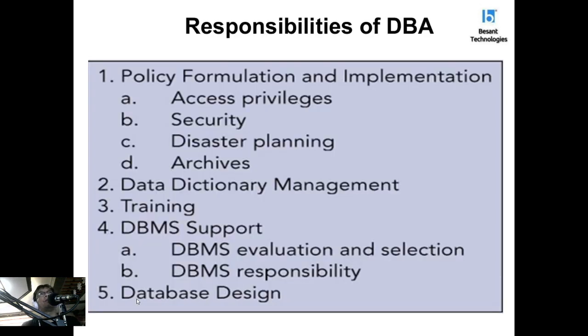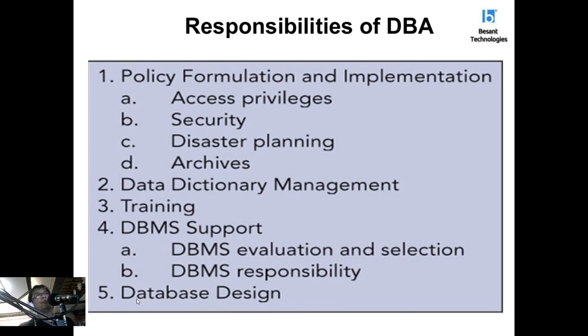Now, these are the responsibilities of a DBA. One is policy formulation and implementation. So usually the policy formulation and implementation may contain the following: access privileges. So who can access this database, who can access the table, etc. Who can write, who can update.